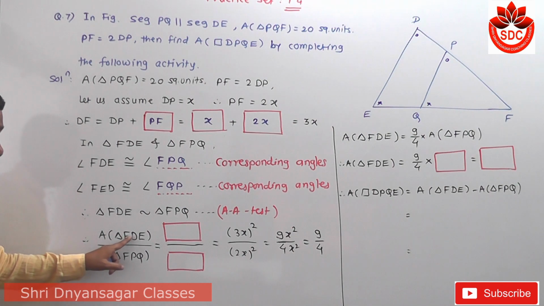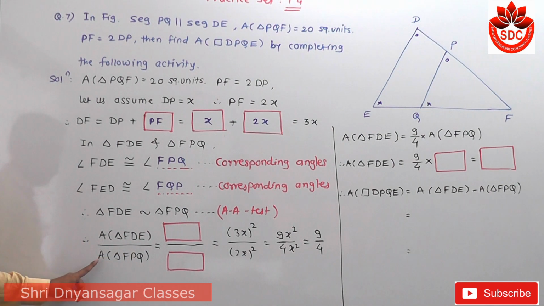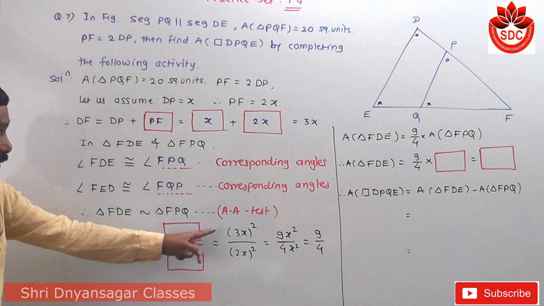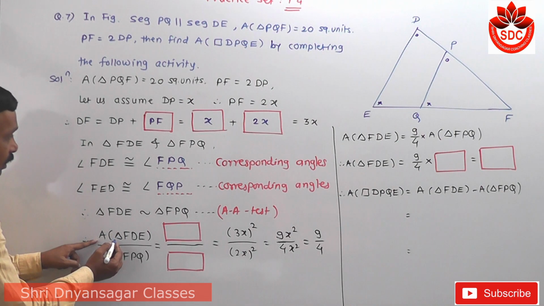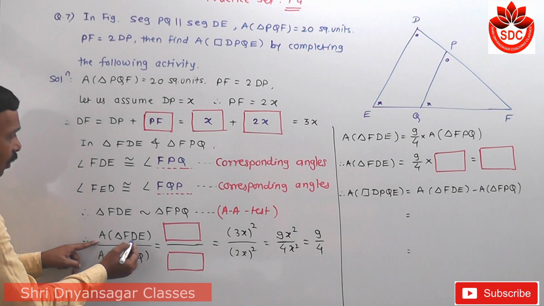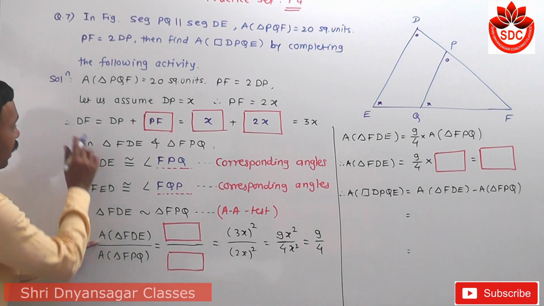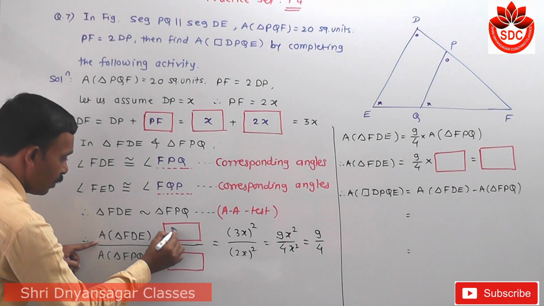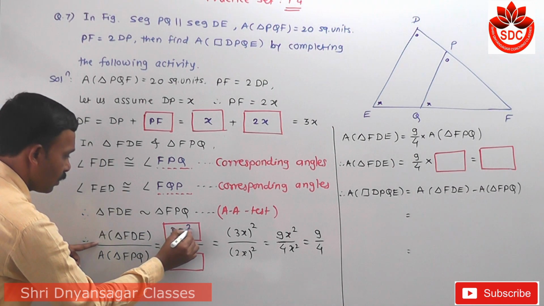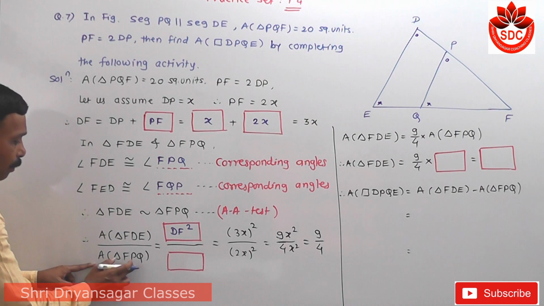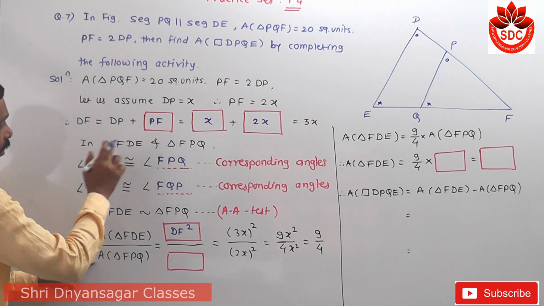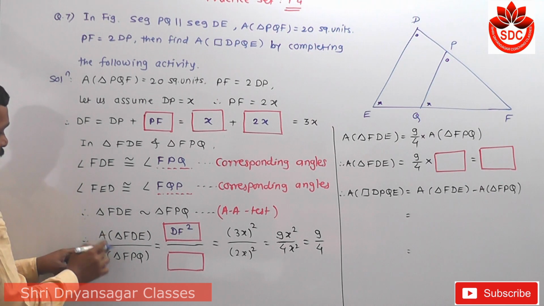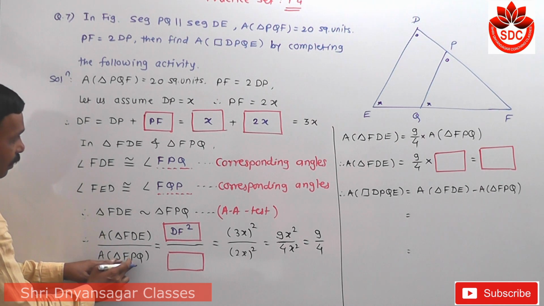Here, area of FDE upon area of FPQ is equal to DF square upon PF square, where the corresponding side is FD, or you can take it as DF also.